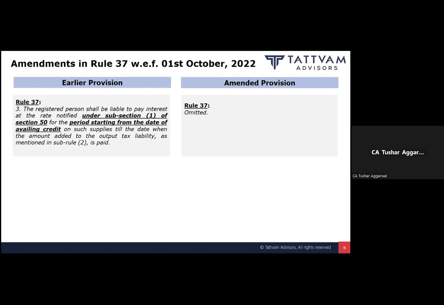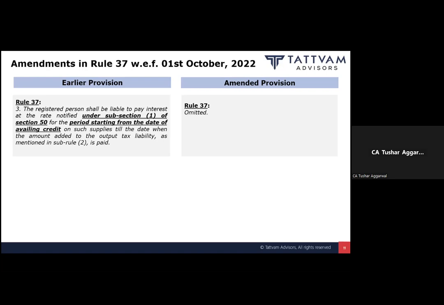This interest under Rule 37 is under Section 50. When we see Section 50, that only talks about a situation wherein interest can be levied where ITC is wrongly availed and utilized. Both conditions have to be satisfied. Section 50 is retrospectively amended to say that interest can be levied only when ITC is wrongly availed and utilized.